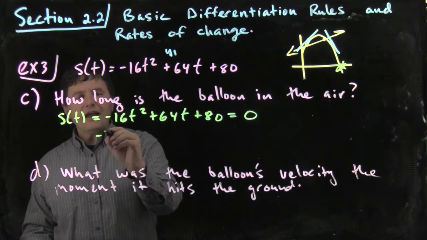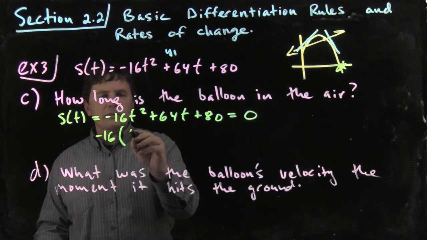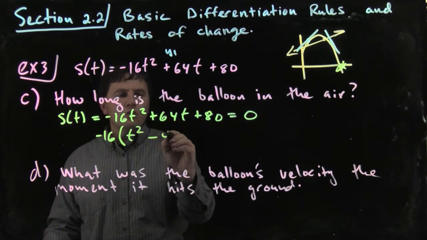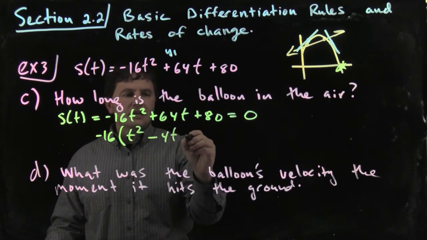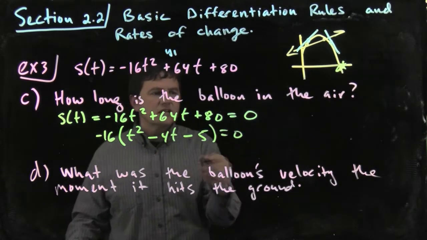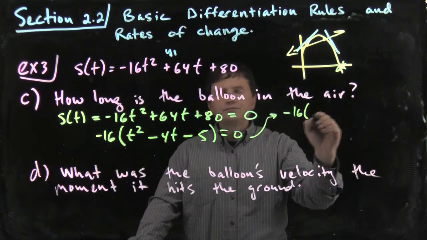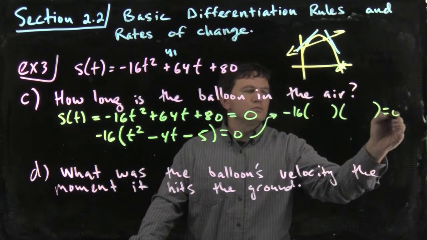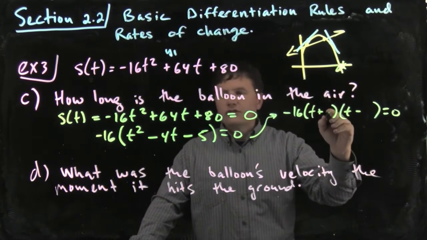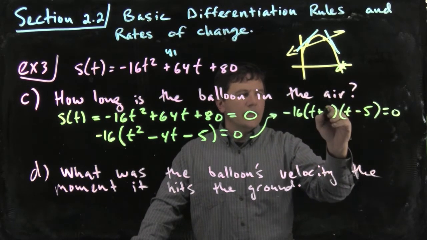Okay, so I'm going to factor out a negative 16 here. That's going to leave me positive t squared minus 4t minus 5 equals 0. So this is going to factor. I'm going to get negative 16 times t minus 5 times t plus 1.